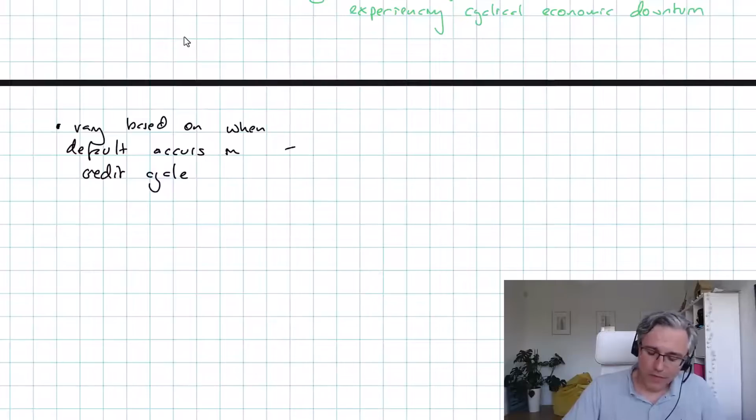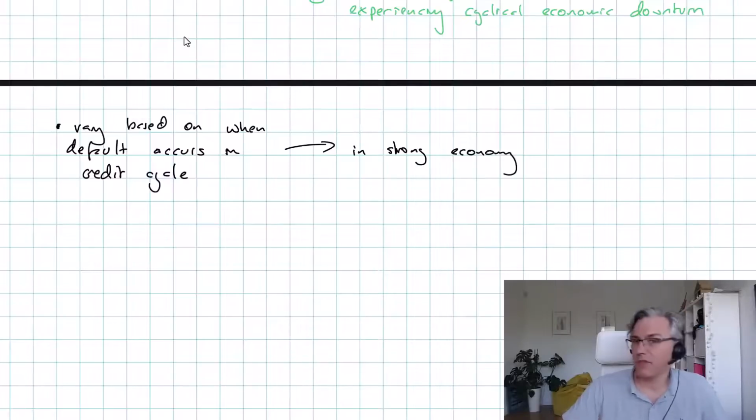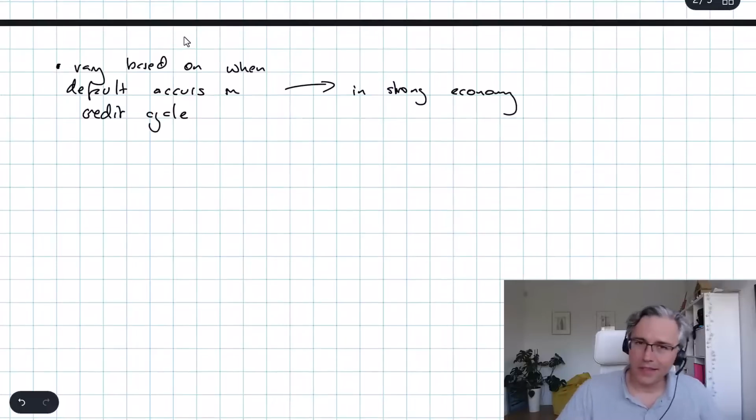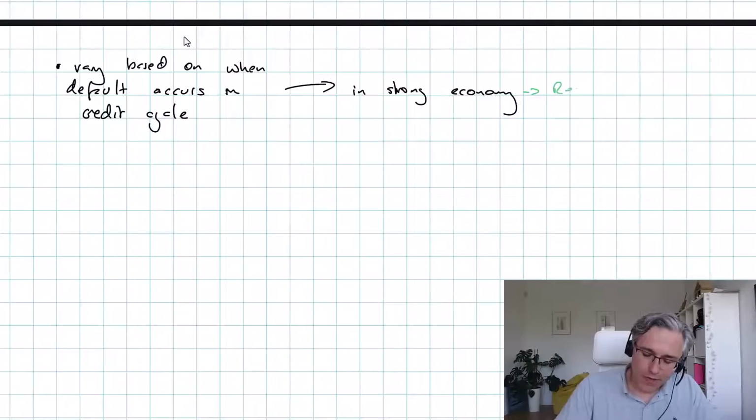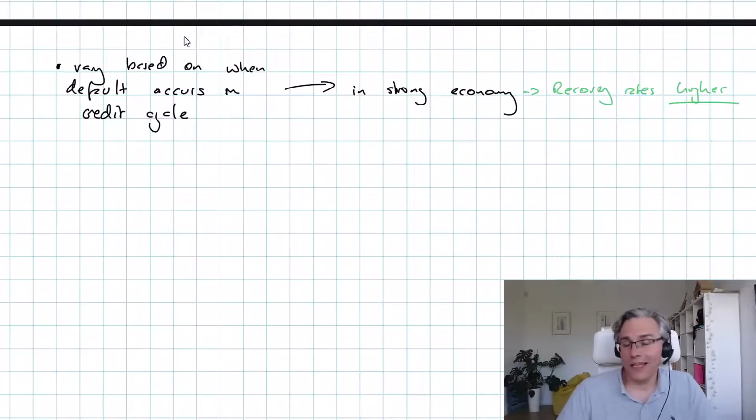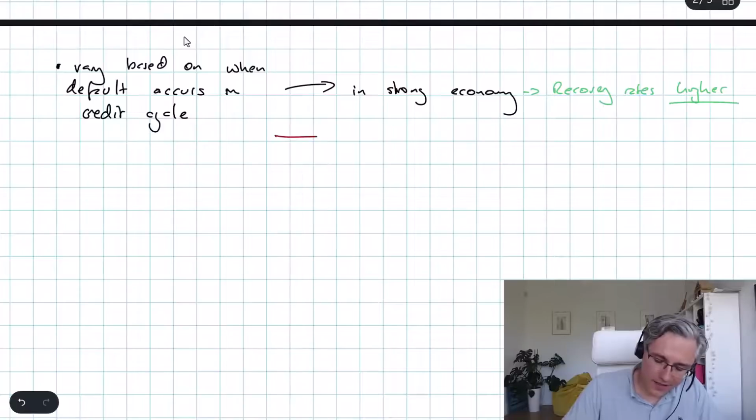So if a company defaults in an upward strong economy, okay, it's obviously possible that a company may be unlucky or may have made some huge mistakes and they go bust, they default. The recovery rates will be higher, typically because there will be a stronger market for the assets that now have to be sold. Demand for assets will be higher than in a case where a company defaults in a weak economy.